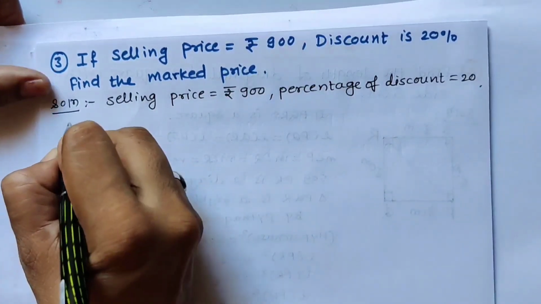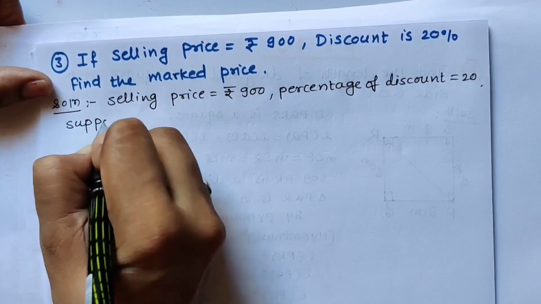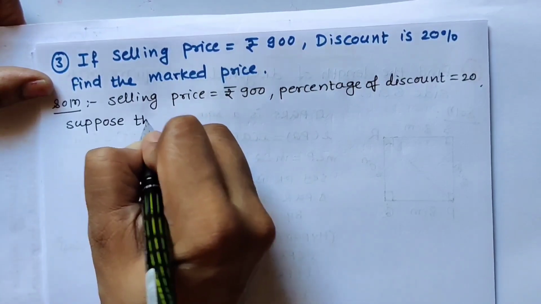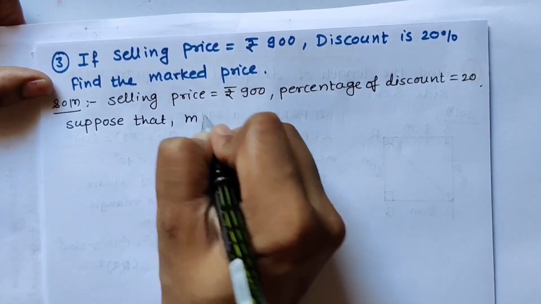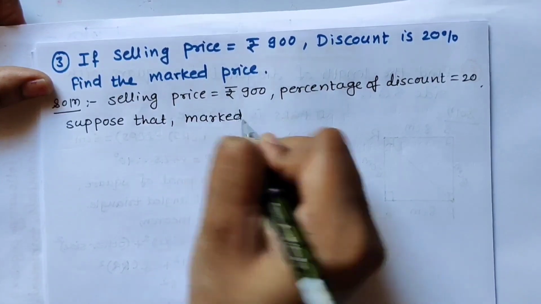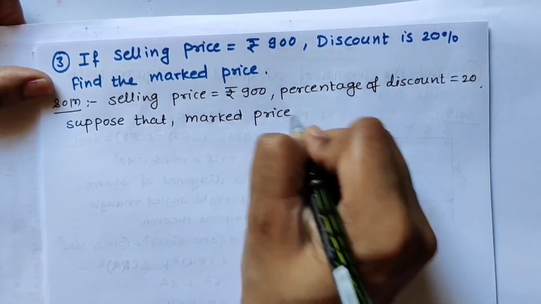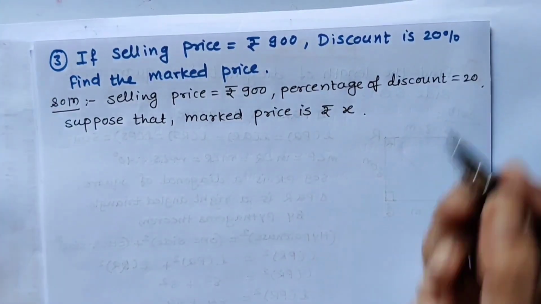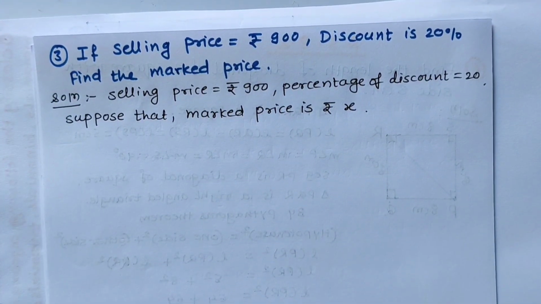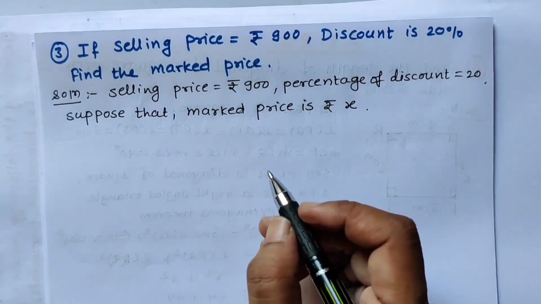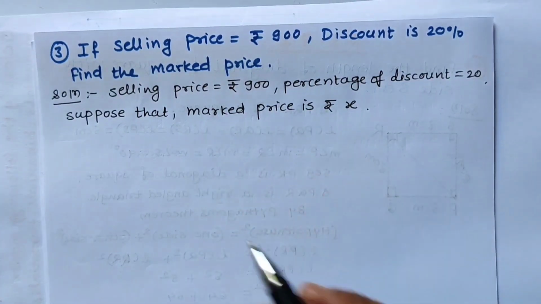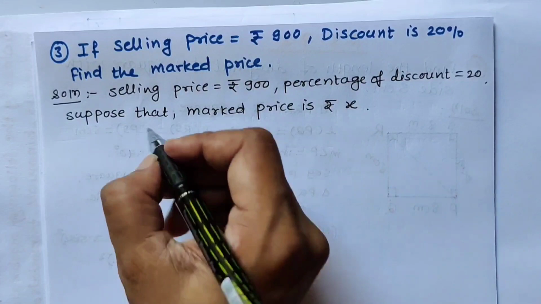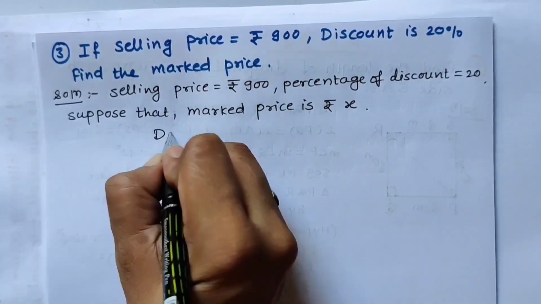Suppose that marked price is rupees X. We will first get the discount and then we can find out the actual marked price. So for getting the discount we have to imagine the marked price is equal to rupees X. Now first we will get the discount.